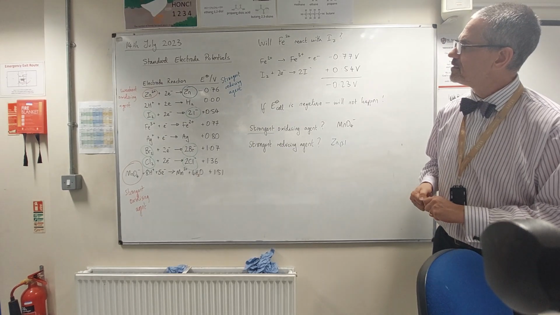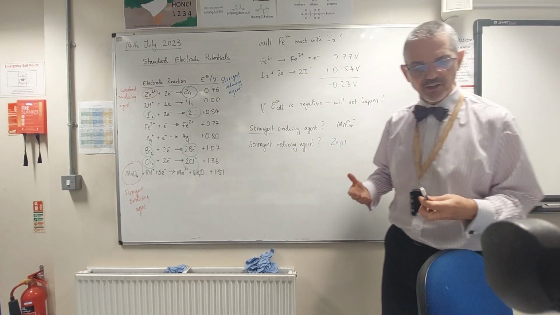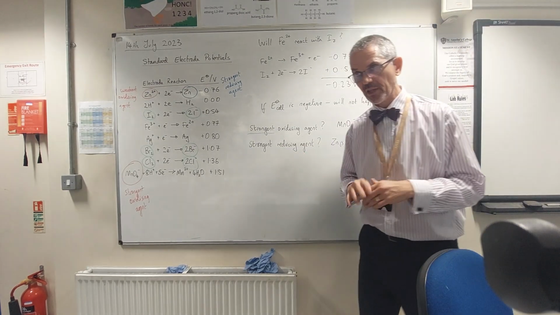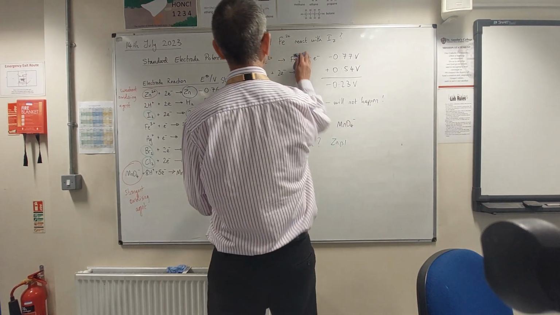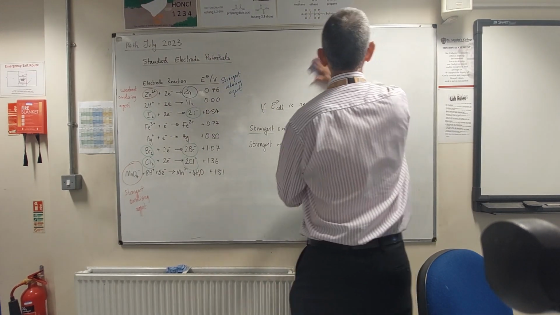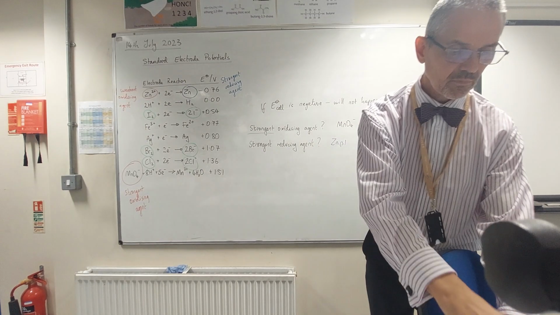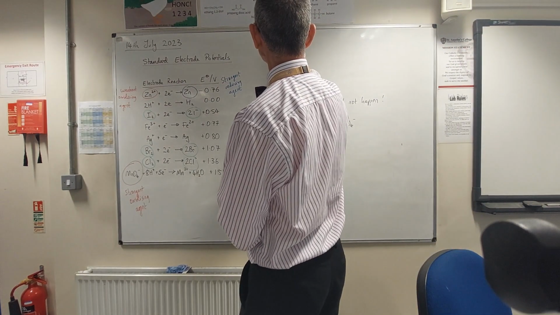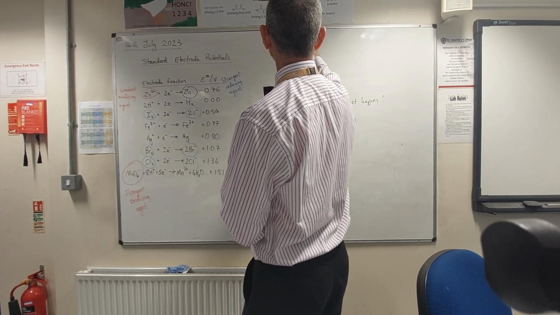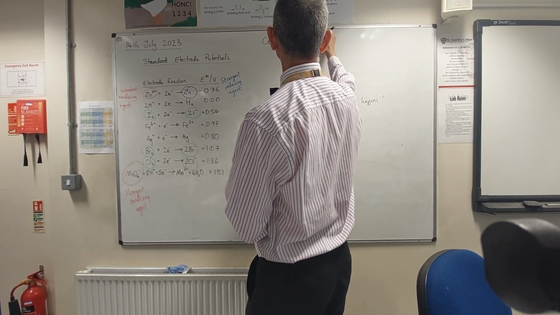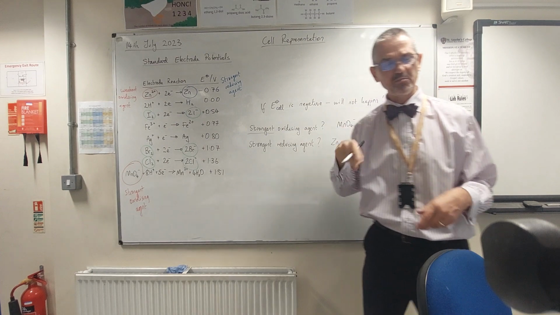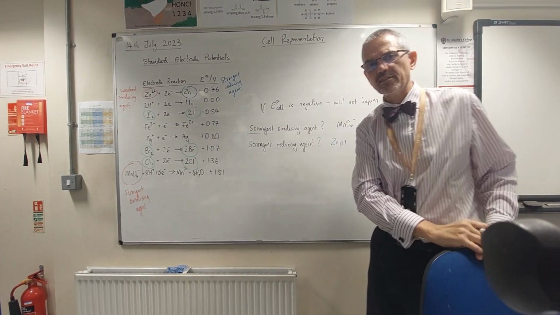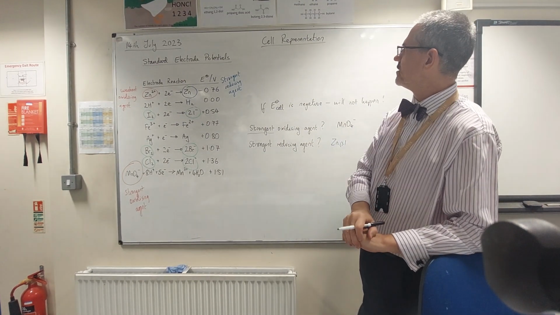And we can also write those reactions in a very particular way, which used to be called a cell diagram, but that's a very confusing term, because when you say diagram, I think, well, I'm going to be drawing beakers and wires and salt bridges.